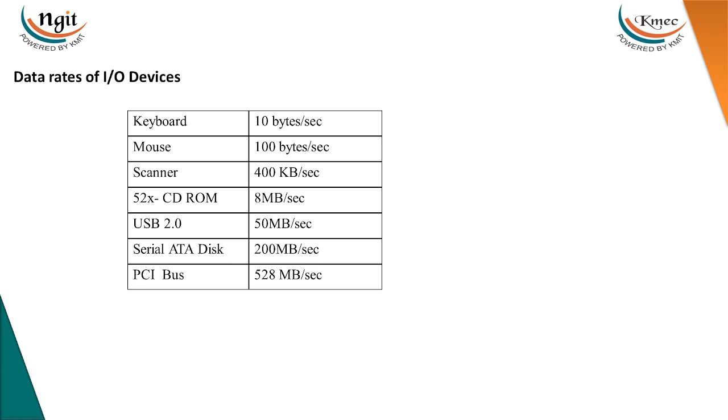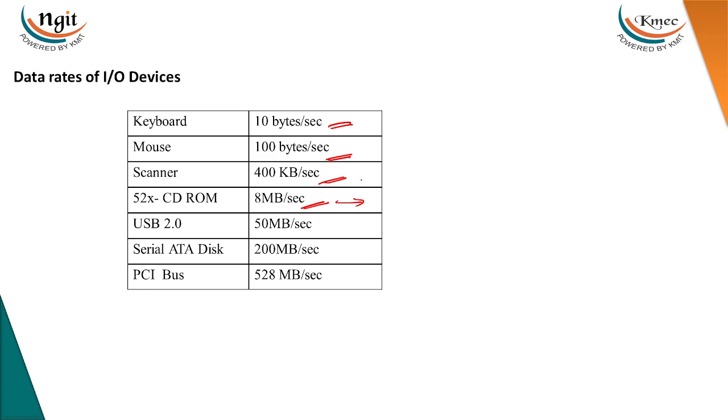Now the data rates of different IO devices. The keyboard will have a maximum of 10 bytes per second. The mouse, 100 bytes per second. Scanner, 400 KB per second. CD-ROMs or DVDs, 4 MB or 8 MB per second. If you buy a CD or DVD, you can see how much data rate it has, how fast the disc rotates, and how much data is transferred.